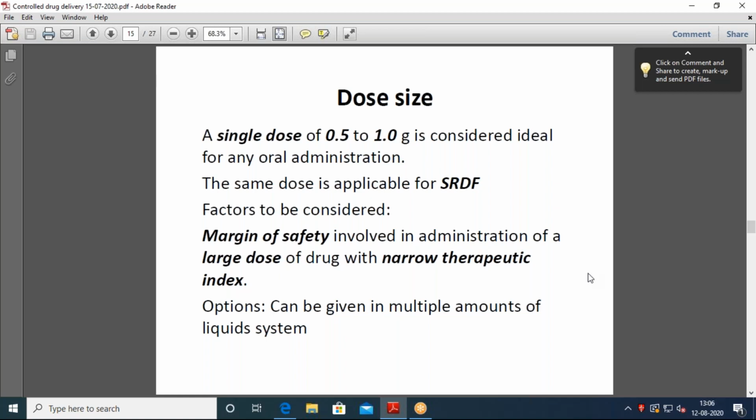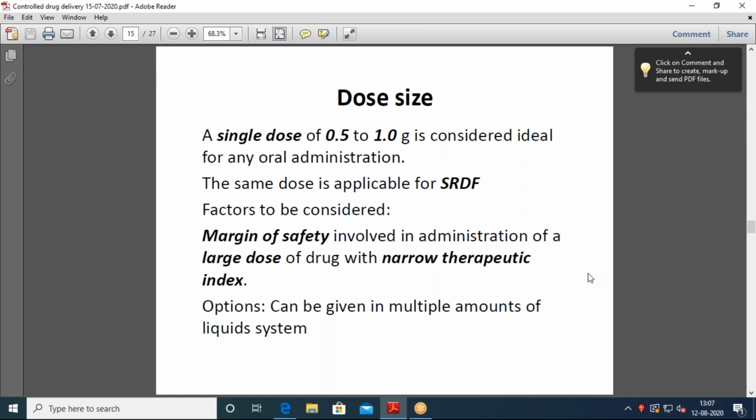Yes, sir. If you have written down the figure, plasma concentration versus time profile, there you identify different regions such as minimum effective concentration and maximum safe concentration, or maximum safe limits. The region lying between the effective range and the safe range can be called the therapeutic window. Is it clear?